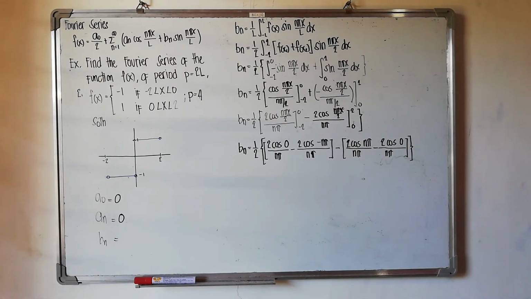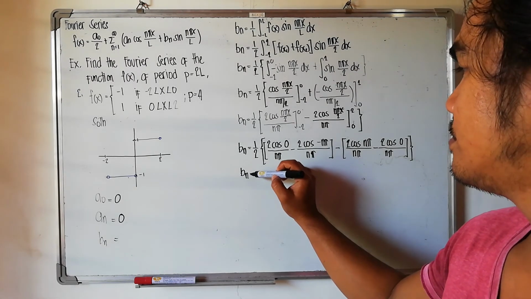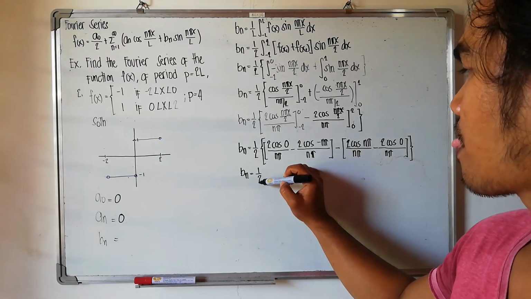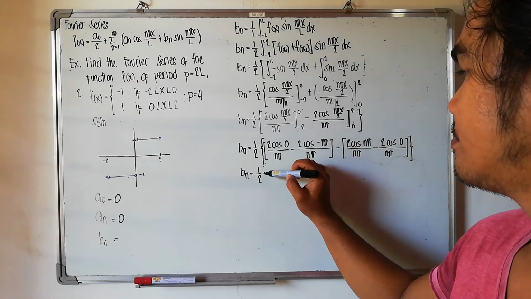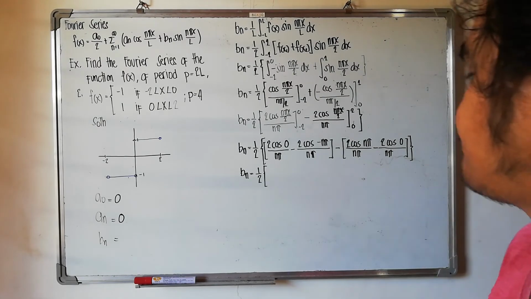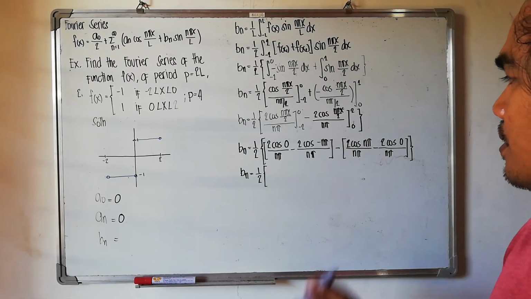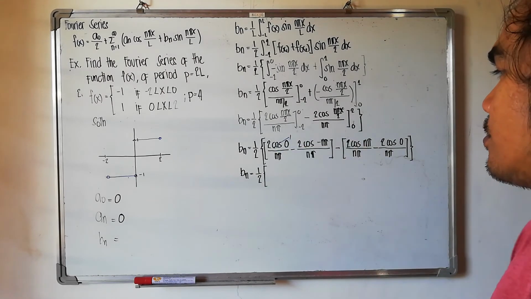Now let us simplify. So you have b sub n is equal to 1/2. Then you have cosine 0 is equal to 1, positive 1.